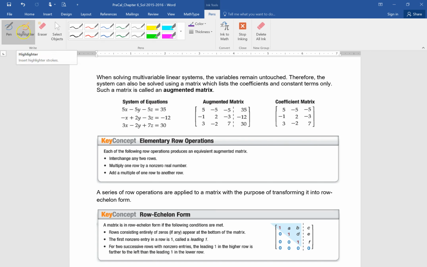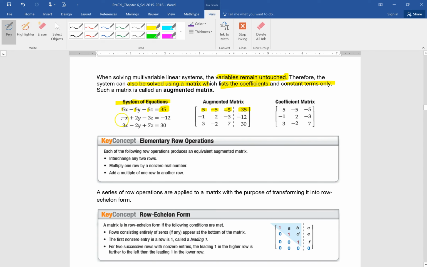Because the variables remain untouched, you can also solve this using a matrix. What is the matrix going to look like? It has the coefficients and the constant terms only. This is the system that we just solved: 5x minus 5y minus 5z equals 35, right? Let's get rid of all these x's, y's, and z's and copy over the coefficients: 5, negative 5, negative 5, and the constant term, 35. I do that for all of them.